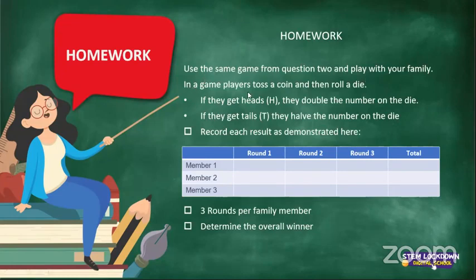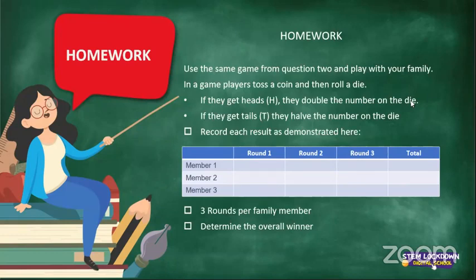If you go home, you'll need a die and a coin. In the game, players toss a coin and then roll the die, okay? If they get a head, they double the number on the die. So let's quickly see, if I flip the coin, it lands on a head, and I roll a 5, what score will I get?